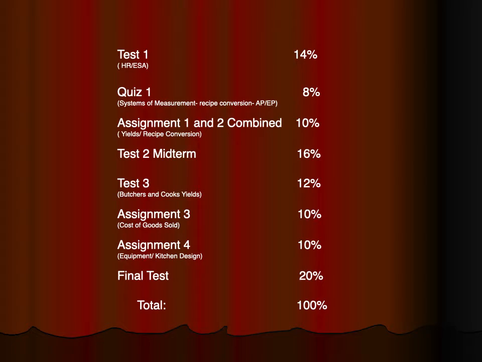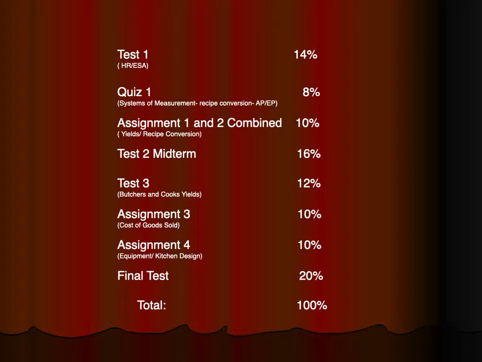That's going to be in Human Resources and the Employment Standards Act, and it's worth 14%, so fairly big. Quiz number 1, we'll be looking at systems of measurement, recipe conversion, as purchase price, edible portion, all those kind of things. Some of them you'll already be touching on when you do menu planning, but this is just a backup from that, I guess.